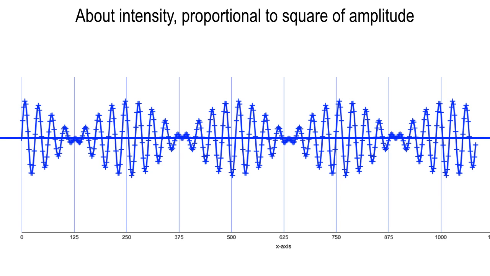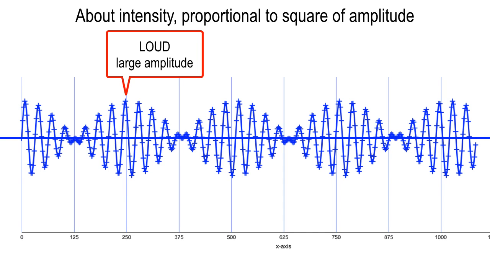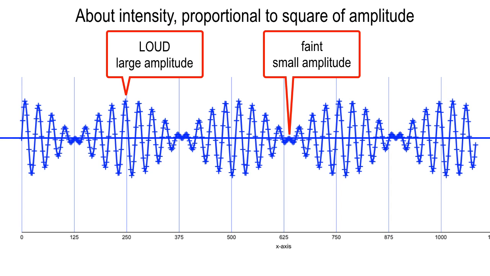And we heard those beats. And so we know that the beats correspond to loud where the amplitude is big, and faint where the amplitude is small. So kind of draw some pulses like that, some beats, and here's the wavelength of the beats.